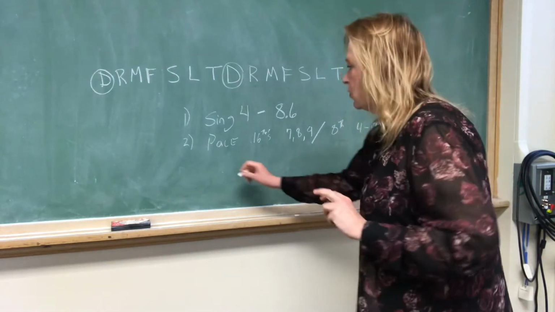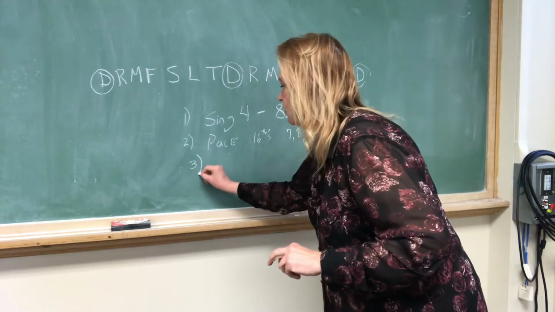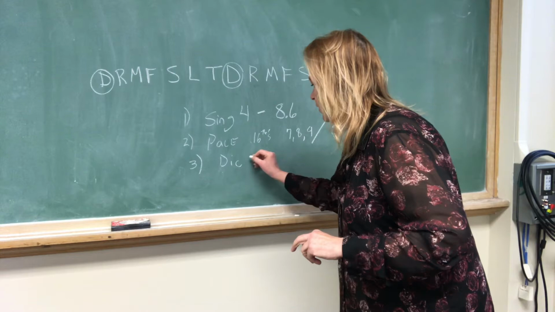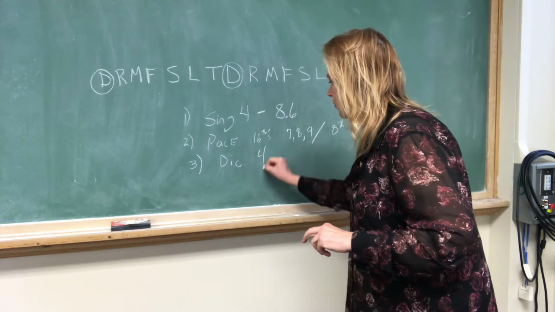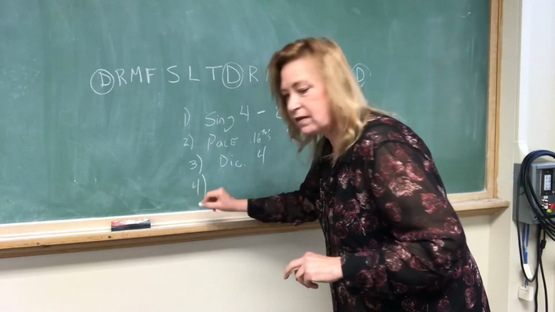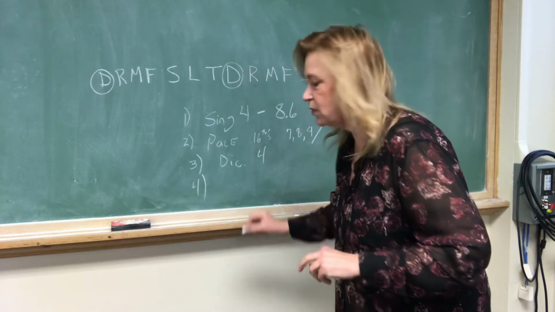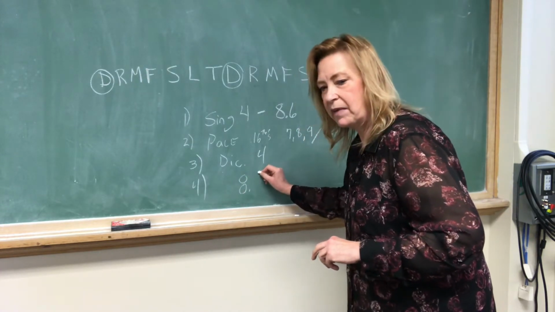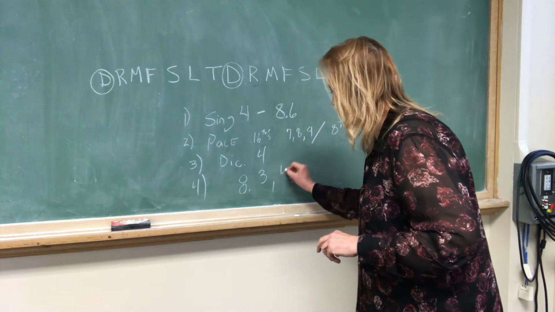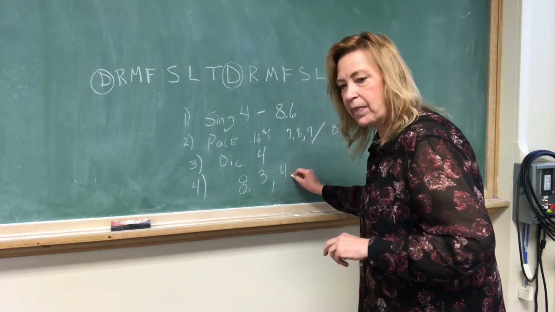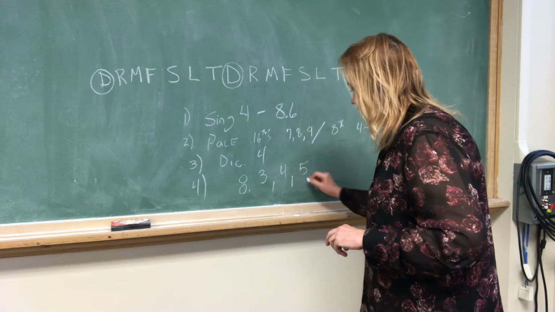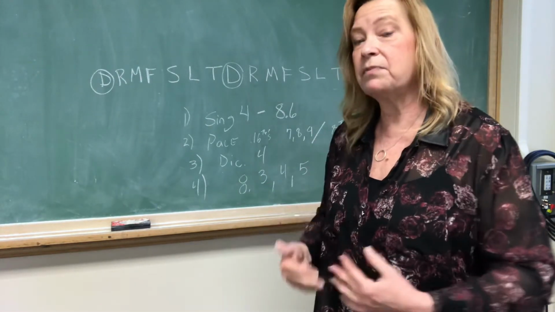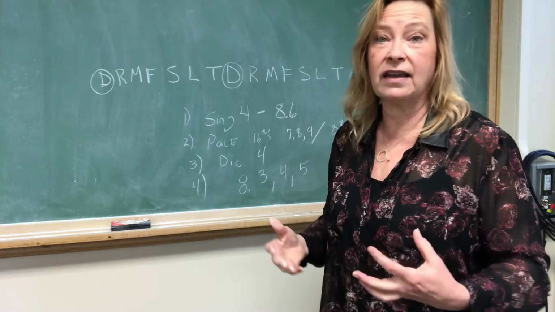Third thing will be dictation 4, which I will give you today. And then the fourth thing is I do want you to prepare a few additional melodies. We will standardly have assignments that have melodies that I want you to prepare for class, but more and more we're going to be also sight singing in class.